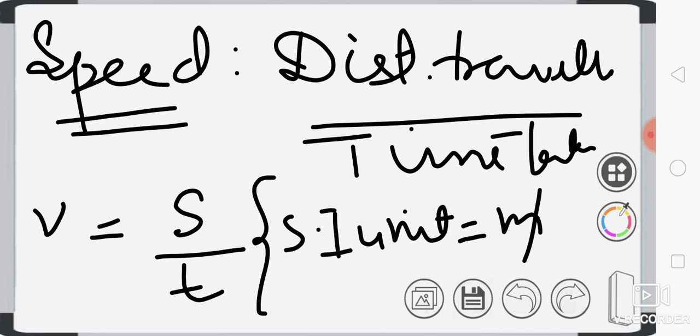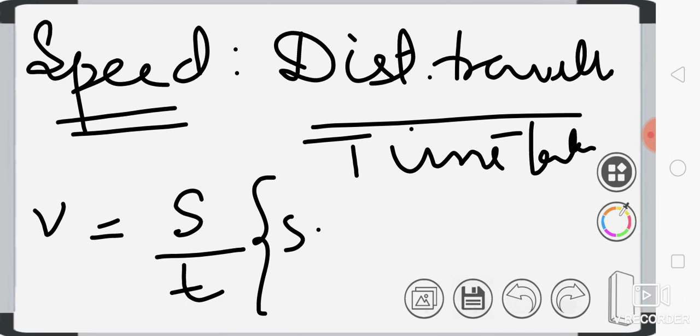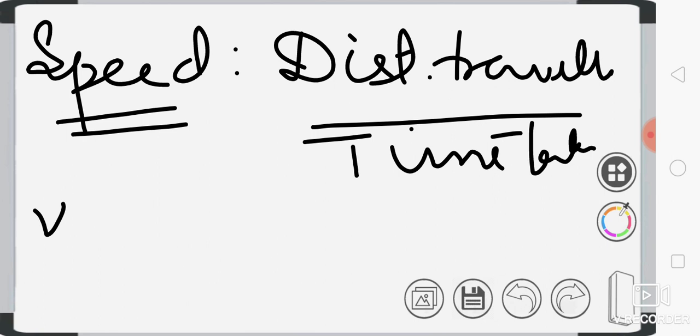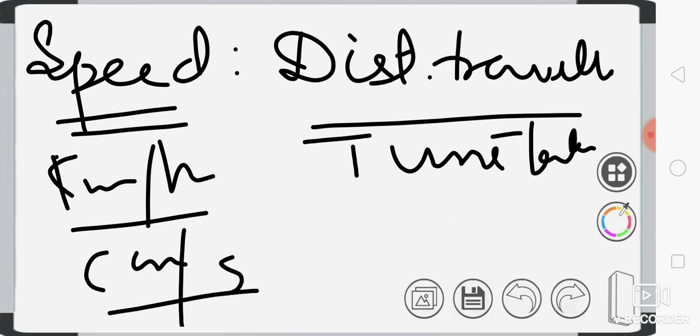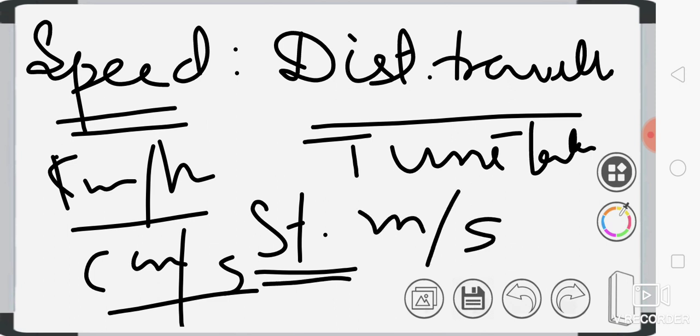It is not that we cannot express it in kilometer per hour or centimeter per second. We can, but the standard unit, the SI unit, is meter per second.